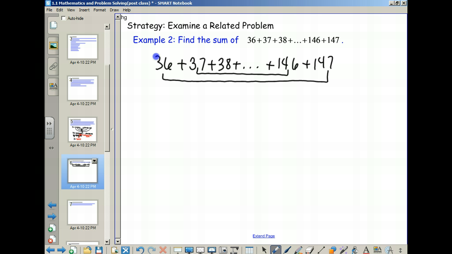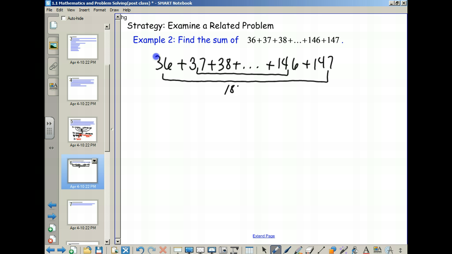Of course, we could continue and write more numbers if we wanted to verify it for ourselves. But it will work. If we add 36 plus 147, what do we get? So 183. It is 183.